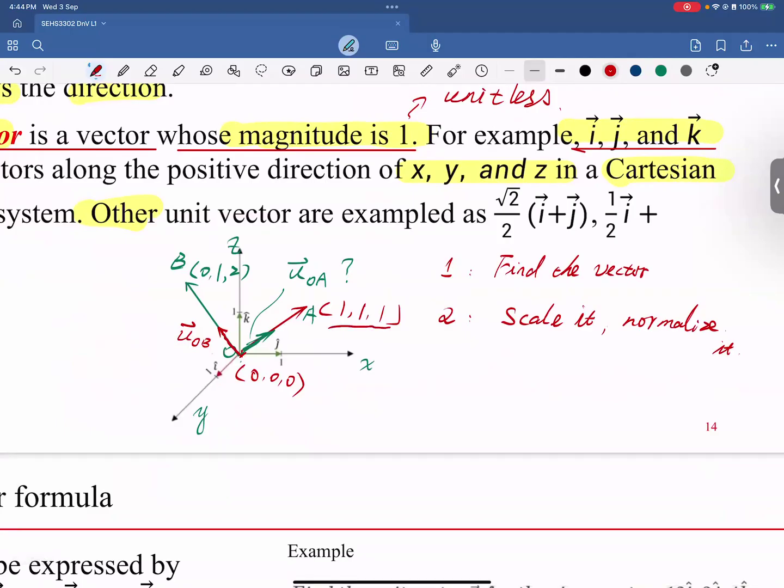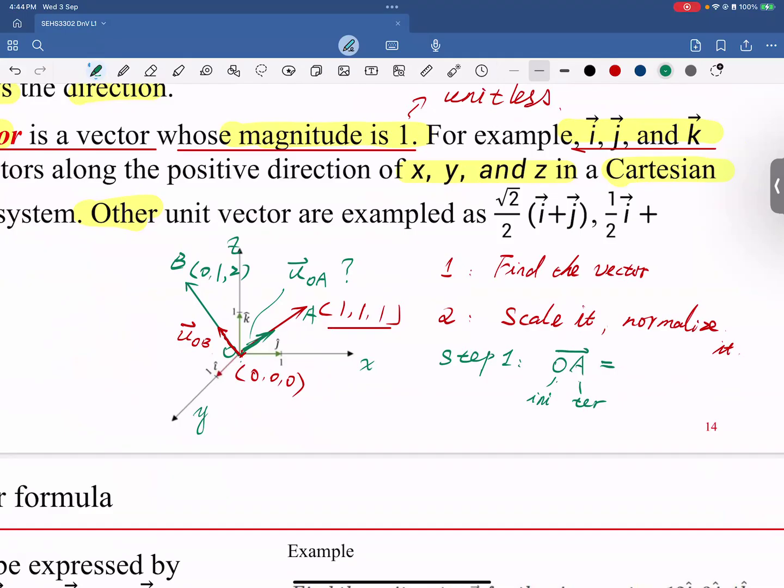Let's take this one as an example, right? Find the vector. Step 1. How to find vector? OA, right? OA is that vector. See, O is the initial point. A is a terminal point, right? So OA is terminal minus initial.